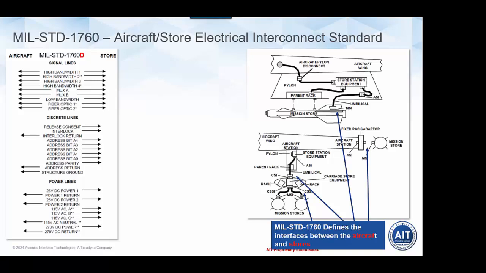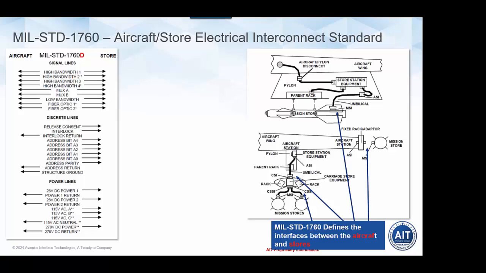MIL-STD-1760D utilized primarily for signaling MUX A and MUX B, which was a redundant MIL-STD-1553 bus. MIL-STD-1760D is the 1760 standard that preceded the release of high-speed 1760. In that standard, there were 4 high bandwidth signals that were primarily unused.